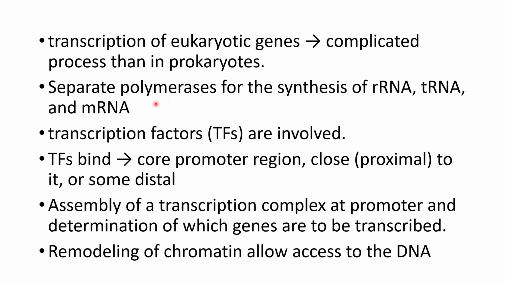But in eukaryotes, separate polymerases are utilized for the synthesis of ribosomal RNA, tRNA, and messenger RNA, which are different types of RNA, and even small RNAs. So different polymerases are used for the synthesis of all these different types of RNAs.